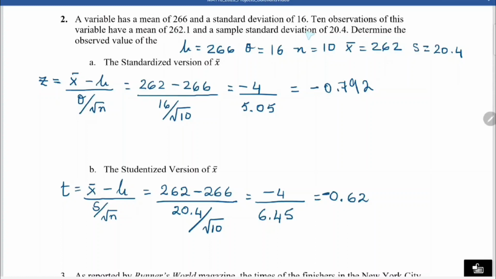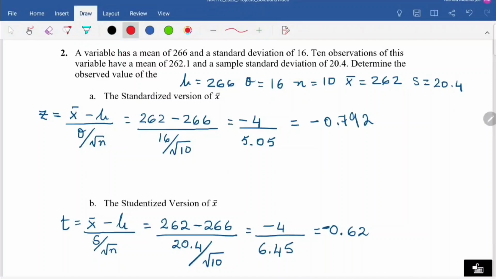So the first sentence in this question tells us what the population mean and the population standard deviation are. So the mu, which is the population mean, is 266. I've written it out here. And the population standard deviation is 60. Now we go on to what the sample mean is. 10 observations of this variable have a mean of 262.1 and a sample standard deviation of 20.4.